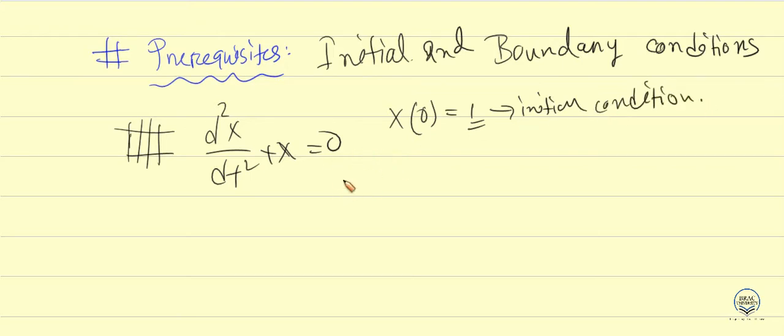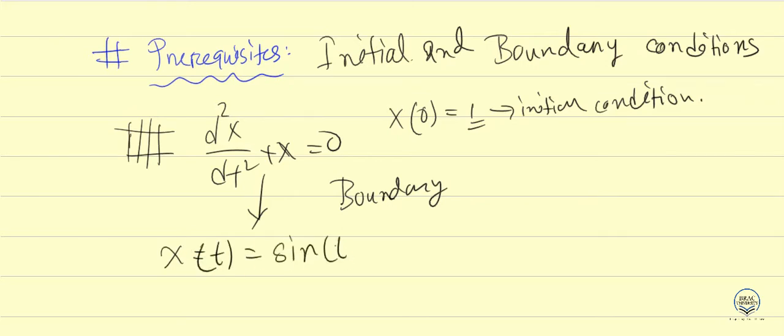And the boundary conditions mean, let's say this equation gives us a solution, x as a function of time, as, let's say, sine t, and there will be some constant over here, let's call it c1, and I want to see the solution from t equals 1 to 10, that is the value of t starting from 1 and ending at 10.